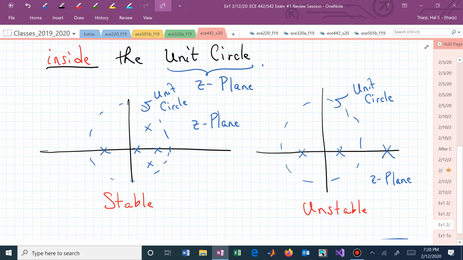You find the eigenvalues of that system matrix, which would correspond to the poles of a transfer function. I would not find the transfer function unless it's quick and clean. I would just find the eigenvalues of that system matrix. If those all have magnitudes less than 1, your system is bounded input, bounded output stable. Okay?